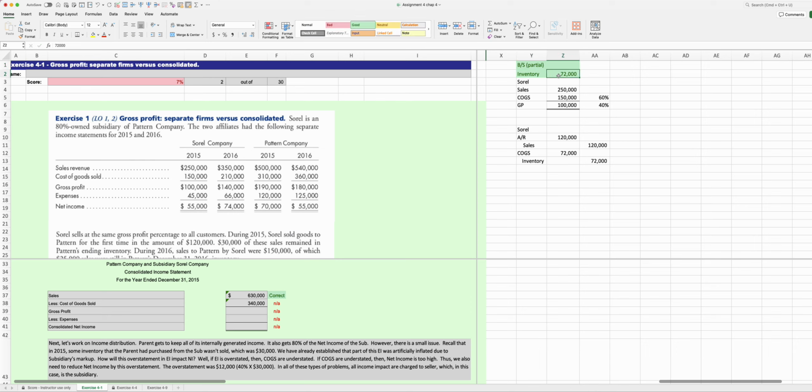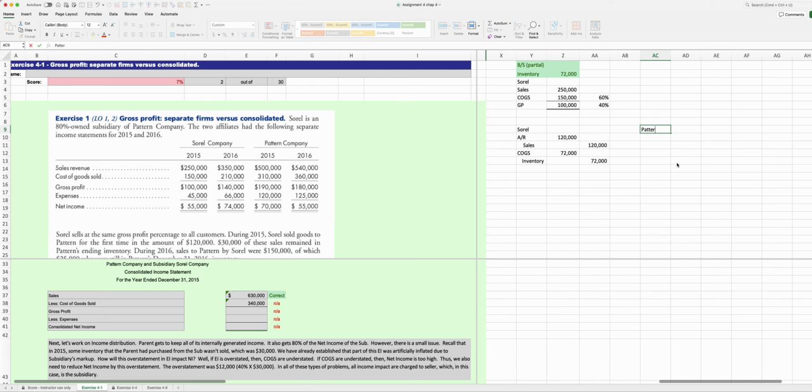So they had this inventory sitting there on their balance sheet, and then they sold it, and of course that becomes the cost of goods sold amount for them. That's the amount that represents cost of goods sold, and this is something that they would have had to record individually.